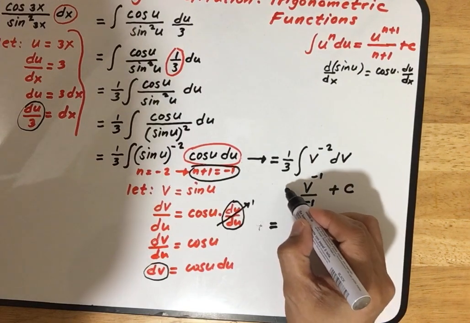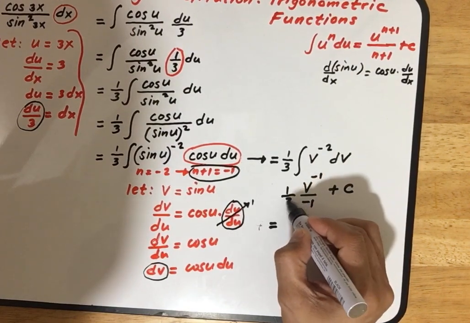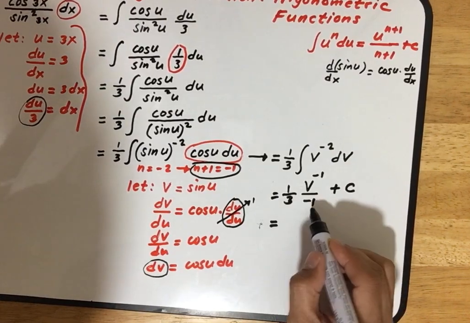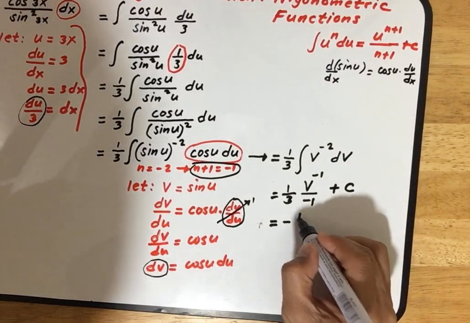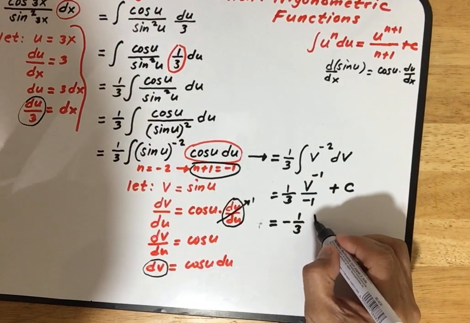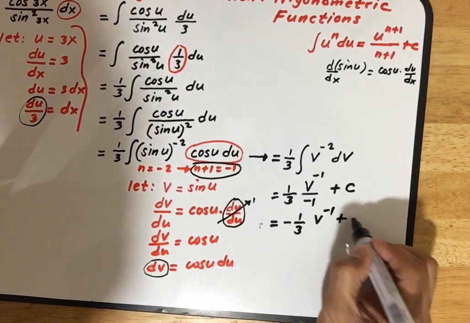So 1/3 times negative 1 is still negative 1/3, then times v to the minus 1 plus c.